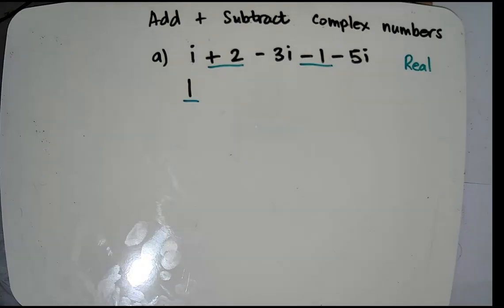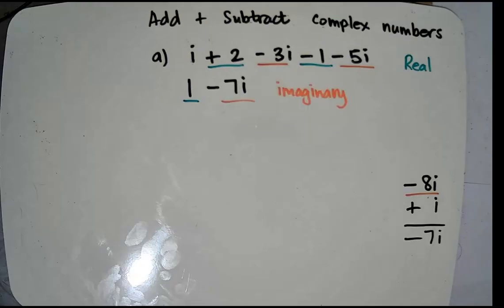What will it be? So we have minus 8i plus i will give us minus 7i. So the green is the real. The second part, underlined in orange, is the imaginary. This is what we call rectangular form, where there's a real number first, followed by the imaginary part.